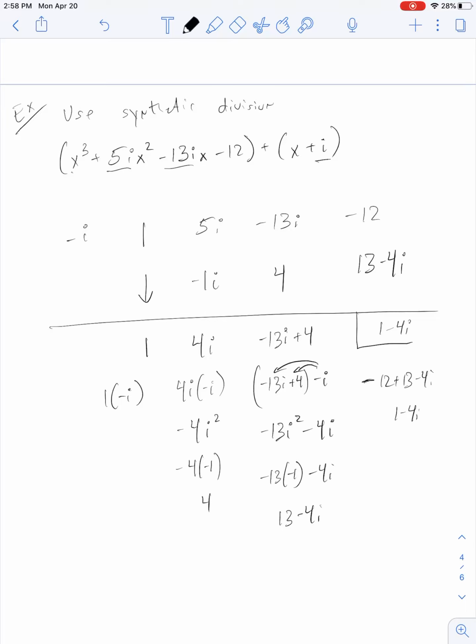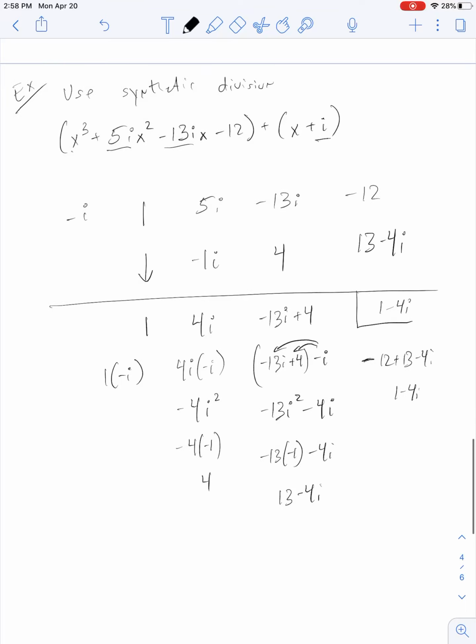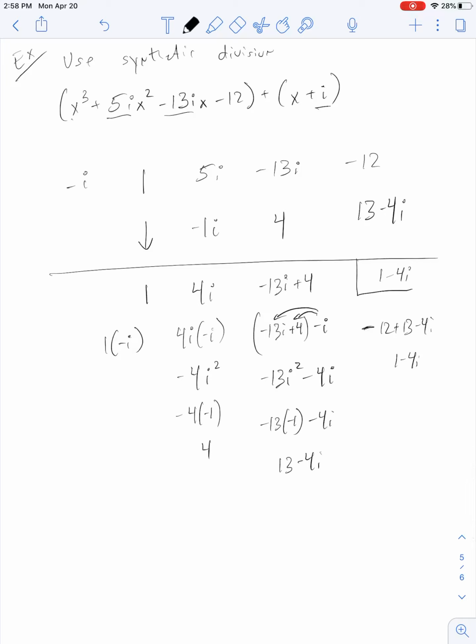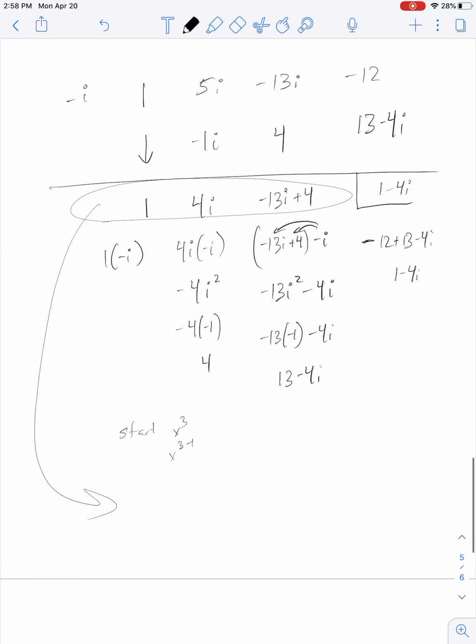Okay, and now from there we can go ahead and show our solution. Once again, it started with x to the third, so all we do is subtract 1. Once again, these are the coefficients. So we have 1x squared plus a 4ix minus a 13i plus 4.